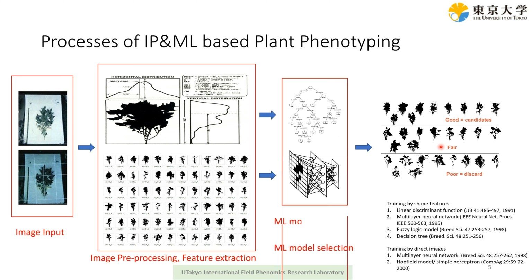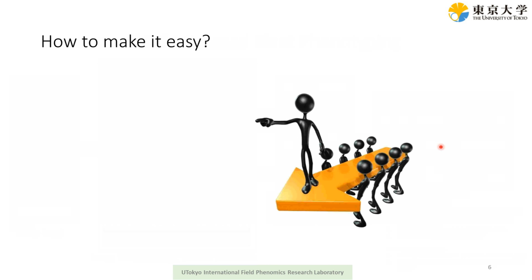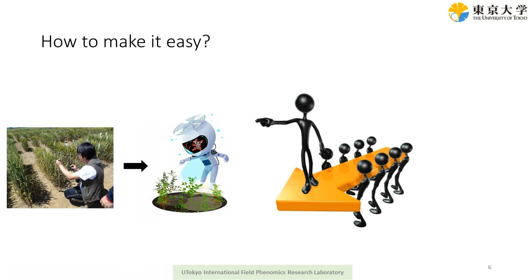So how are we going to make it easier? Actually, this is a very difficult question to answer. Luckily, in order to make it easy, our goal is very clear. As you can see over here, our goal is, instead of the human eyes, to use machine eyes to simplify the measurements.